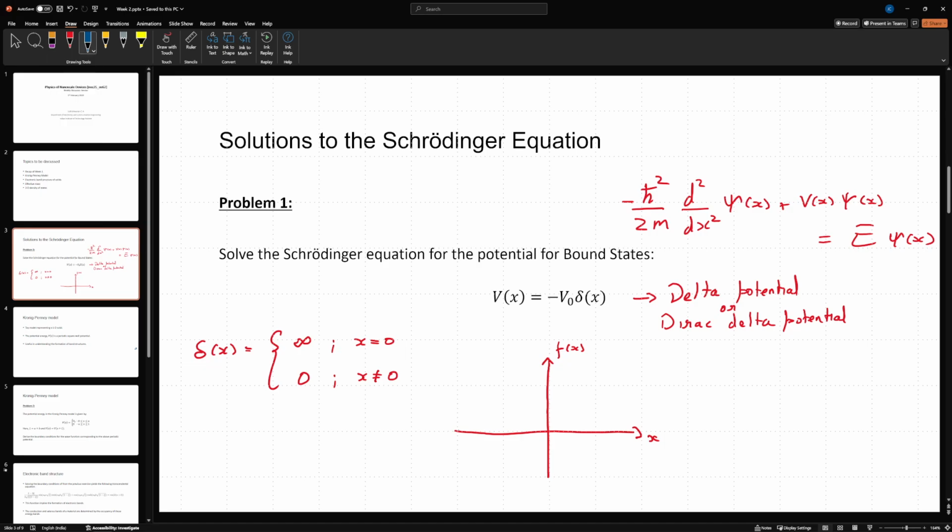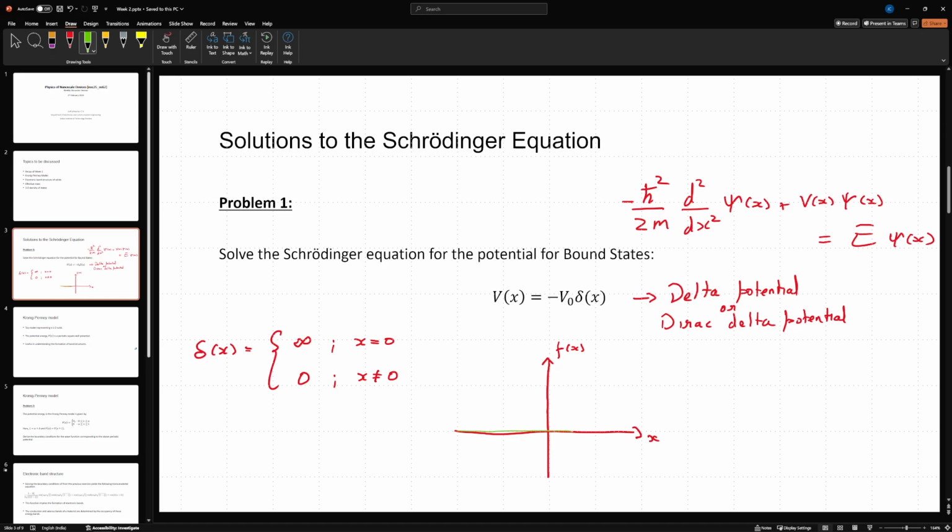It's going to be completely flat for every value. Let me change the color to something more contrasting. Green, maybe.